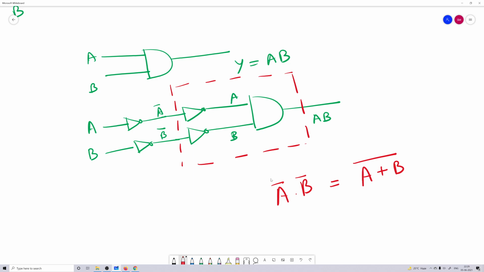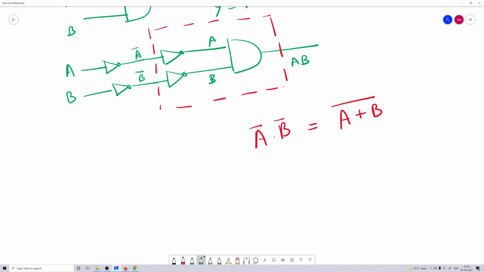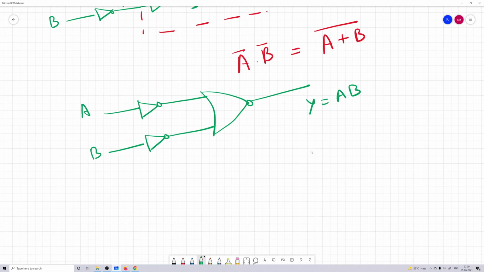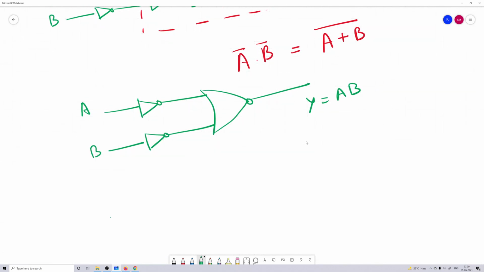Okay. Let us do that. This is simply my AND gate, and the final step is to replace the direct NOT gates by NOT gates made by NOR gates, and that will be our circuit.